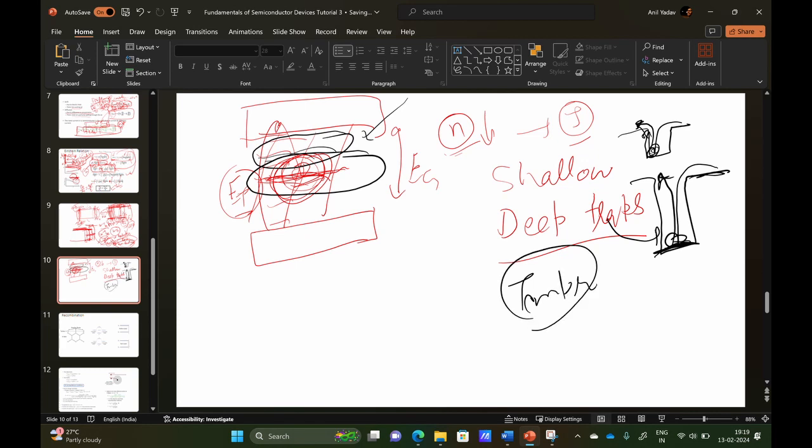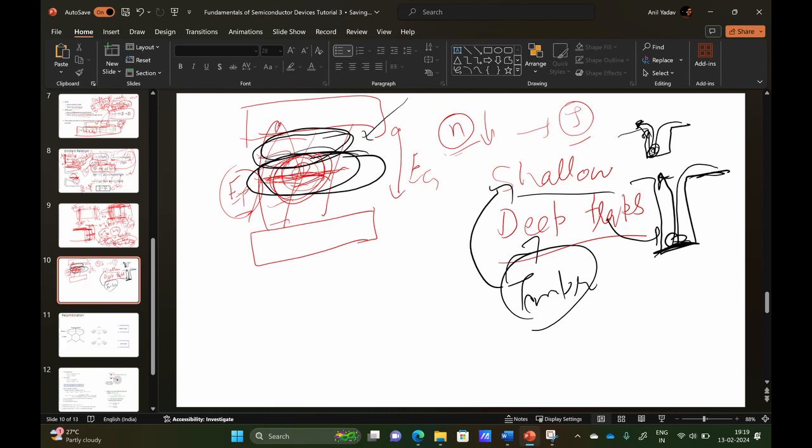From there, qualitatively or quantitatively, we can see what the density of the shallow traps is and what the density of the deep traps is. So these are the shallow traps and here are the deep traps.